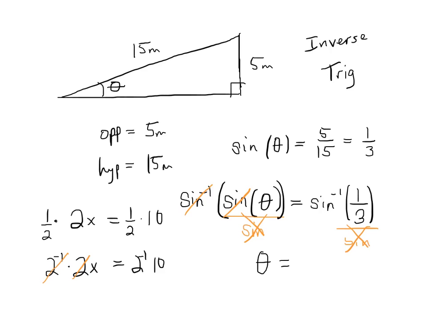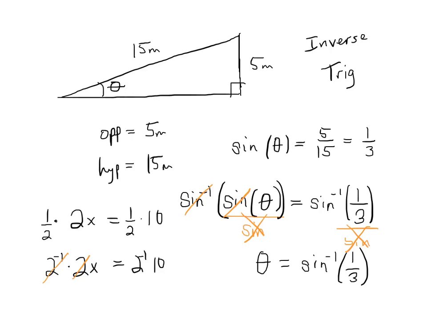Now all we do is put this into a calculator, because there's no way to do this other than to look it up in a calculator. It's not like I can do some square roots and come out with the angle. Inverse sine tells you the answer.